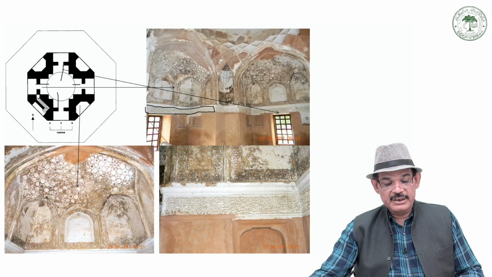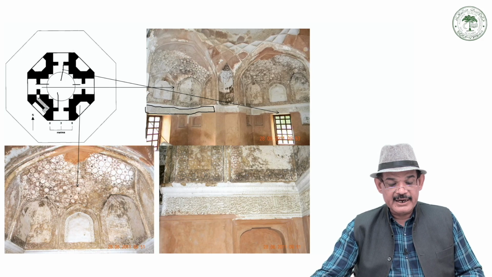the first story has a trabeated opening in the center that connects it with the outer side, and the two walls have a niche on the upper side.